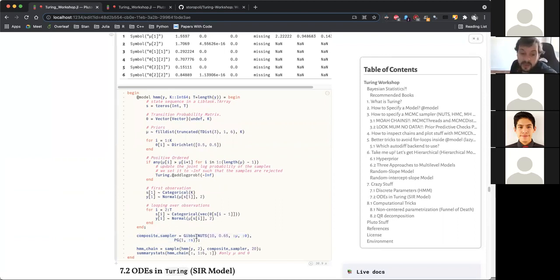I'm using NUTS for all my continuous parameters, that's the mu and the thetas, and I'm using particle Gibbs because it's a discrete parameter for my s's, my states. So my vector of states will be a discrete vector of either 1 or 2.